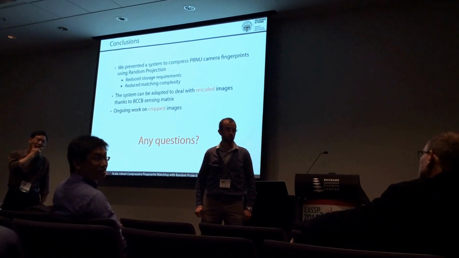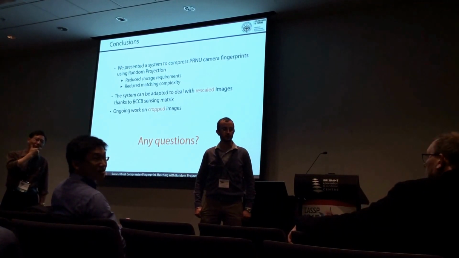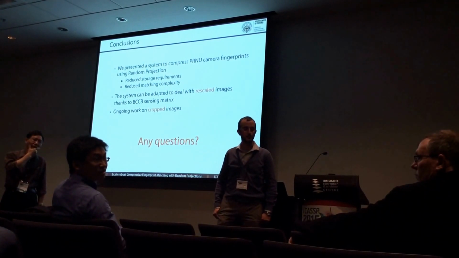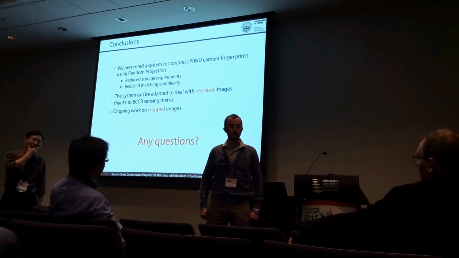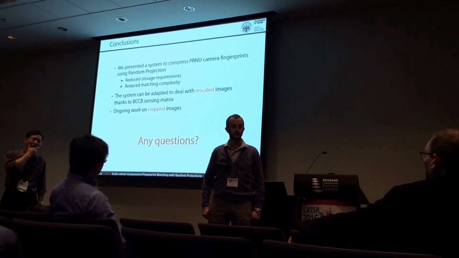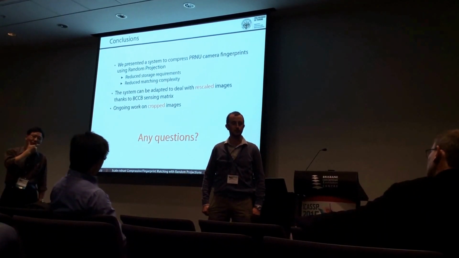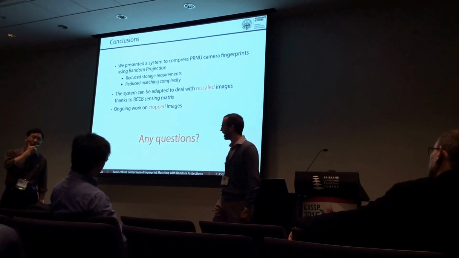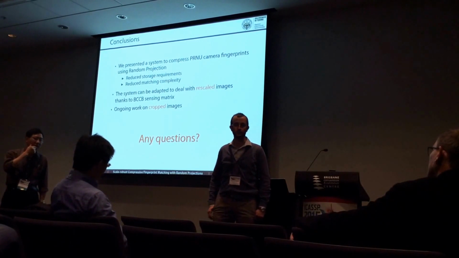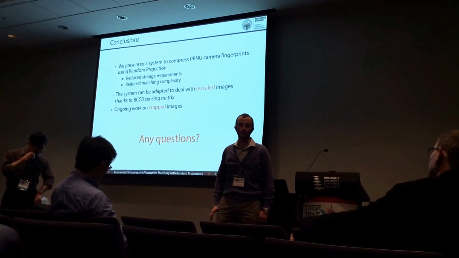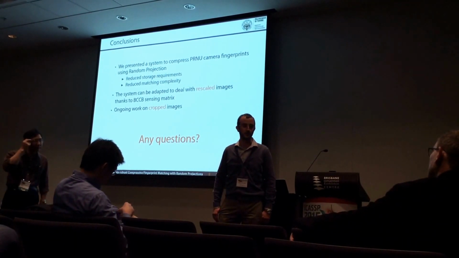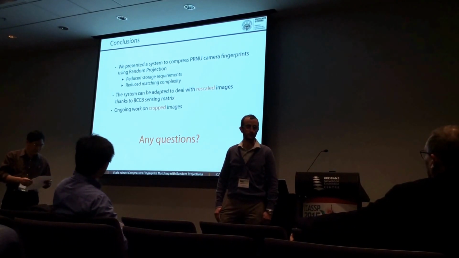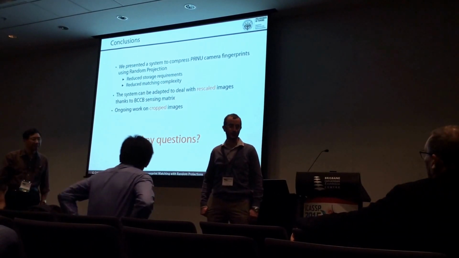There will still be the same fingerprint. Yes, except that now you have this kind of pincushion effect on this fingerprint. So there have been techniques devised to deal with this, but I do not really see how that would be integrated into your framework. I'm not aware of that. I mean, we didn't try with zoomed images, but of course it's something we would have to deal with.